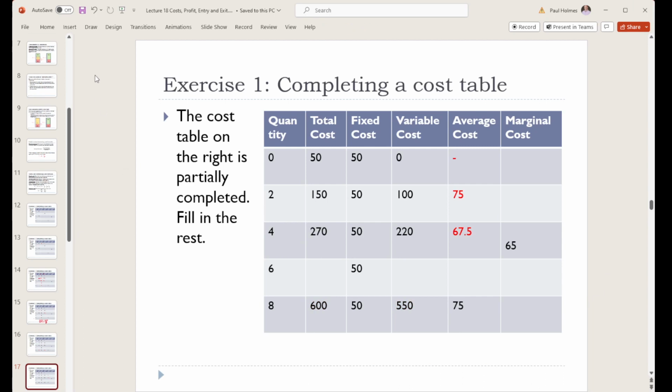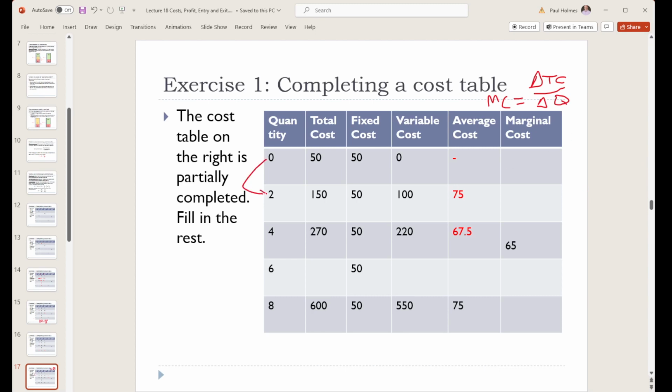How about a marginal cost now? So over on the right here, we've got our marginal cost. Marginal cost, remember this is the trickiest of them, it's that change in total cost divided by change in quantity. Okay, so our first one, what are we looking at?